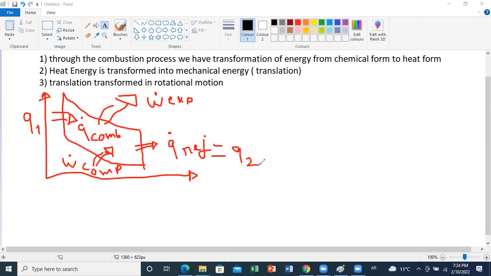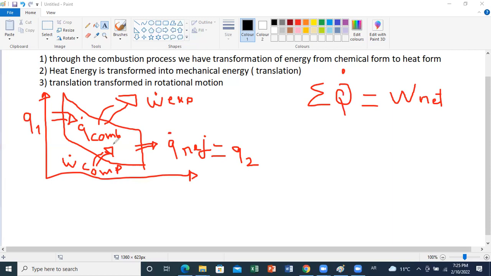If we want to apply Newton, the first law of thermodynamics here, we have that sum Q dot equals W net, the net work produced by the system, because we said that a part of the delivered expansion work will be used for compression.